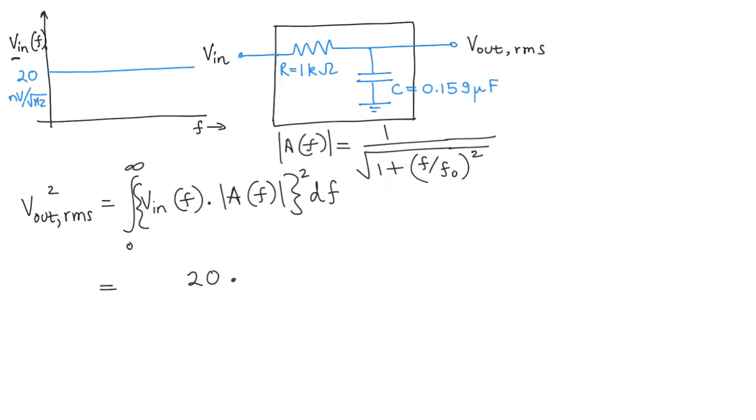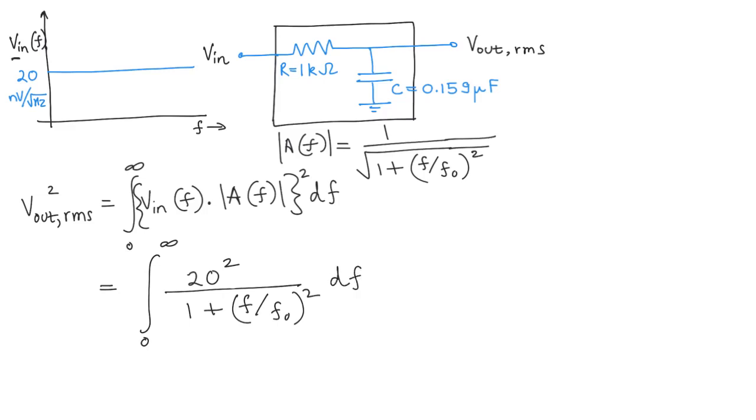So I substitute it into the equation, and so I'll get in the denominator, I'll get 1 plus f over f naught square. I've just squared it already, so I'll write 20 square here. Okay, so that's what I get, and I'm going to integrate this from 0 to infinity.